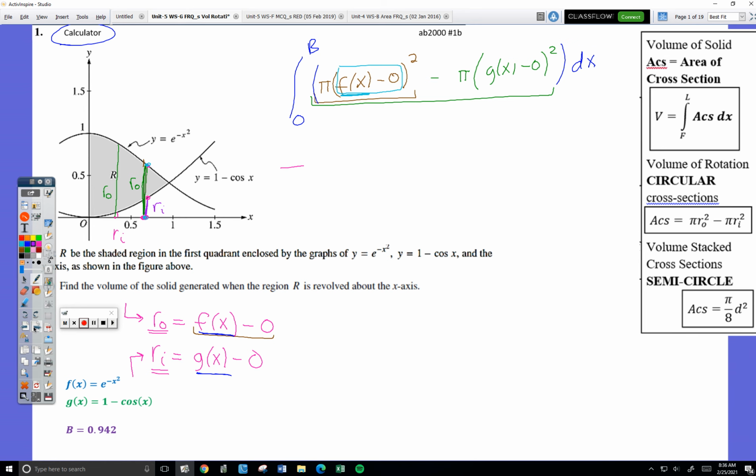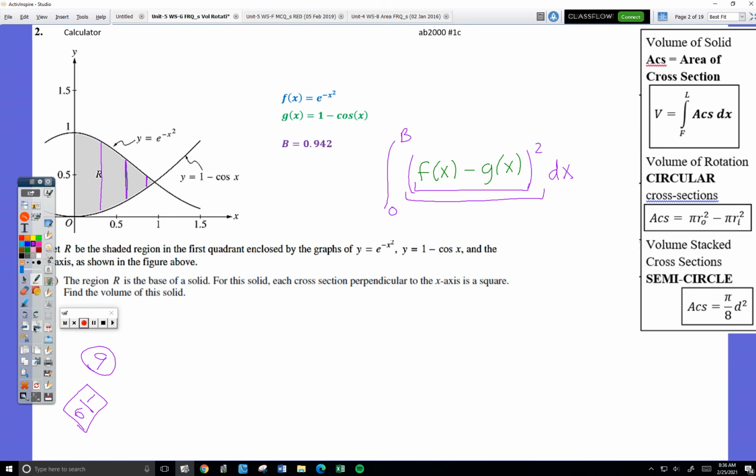Problems where the cross sections are some known shape. Square is most common. I'd say second most common is semicircle. So the slices have the shape of a semicircle. The idea doesn't change. You just stack semicircles onto the region.